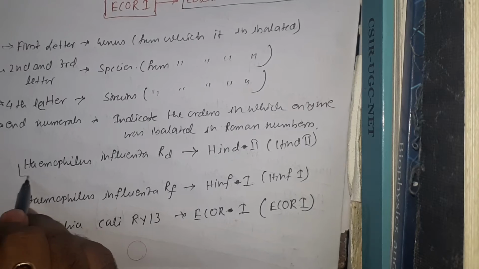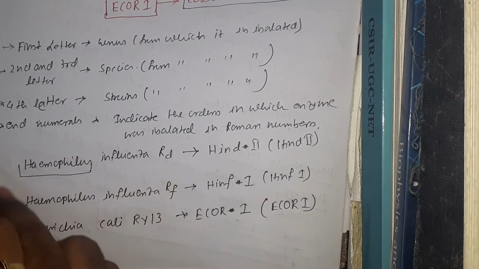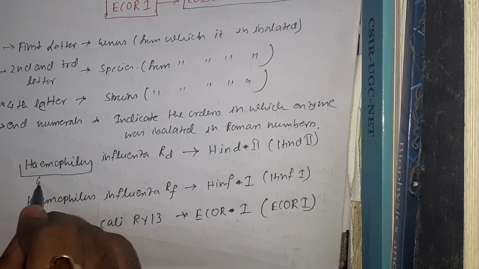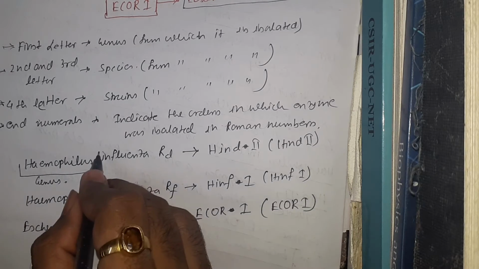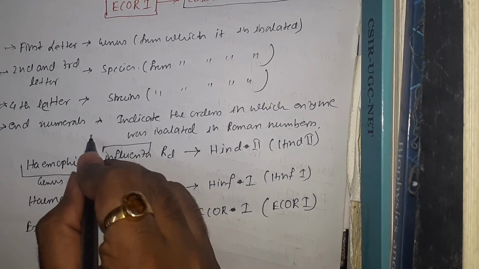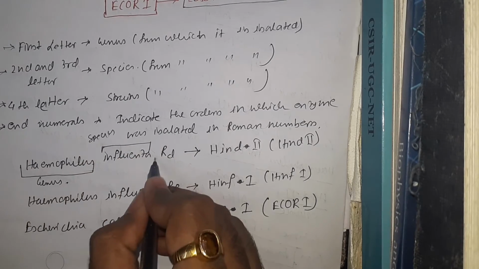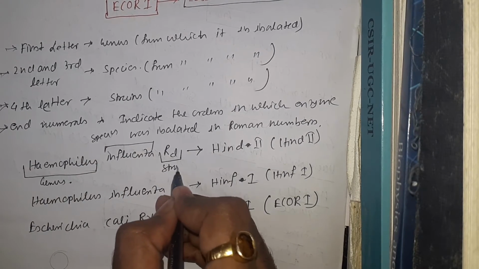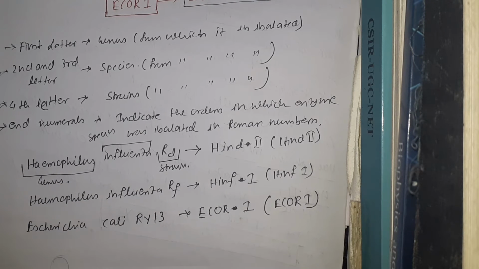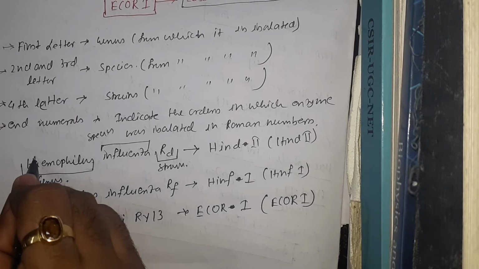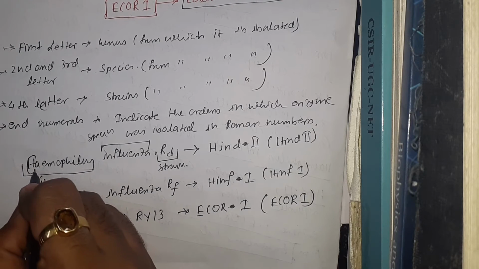We all know that if it is a scientific name of a bacterium, then the first word simply tells us about the genus, the second one tells us about the species, and the last one tells us about the strain. So the rule is the first word of the restriction endonuclease will tell us about the genus.